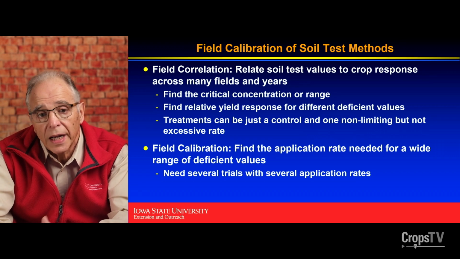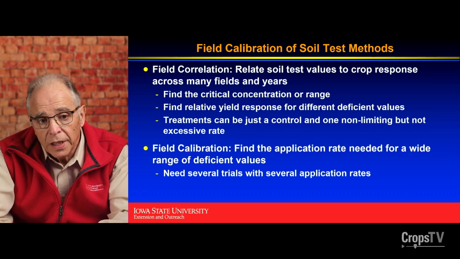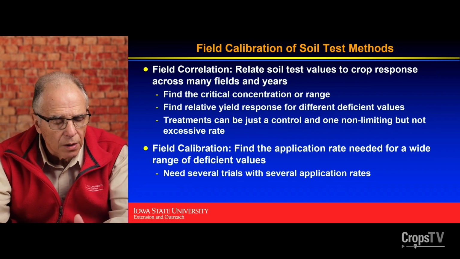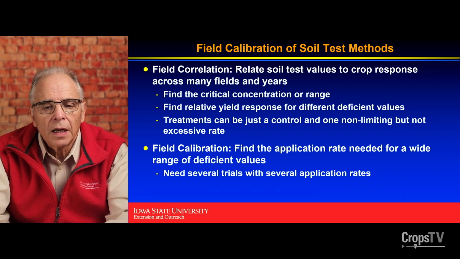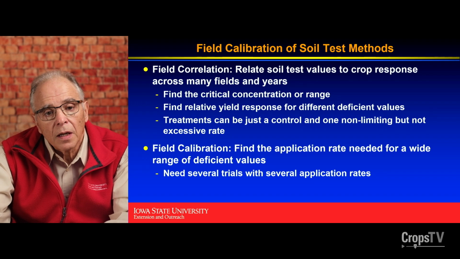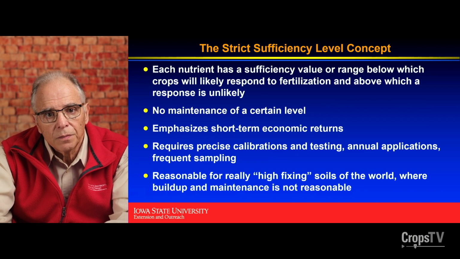But when we want to calibrate, this is more expensive, takes more money, more time, because we need several trials with several application rates. That's the only way that we can figure out if you have 5 ppm or 10 ppm or 20 or whatever, how much you need to apply in order to get a certain fraction of the maximum yield.